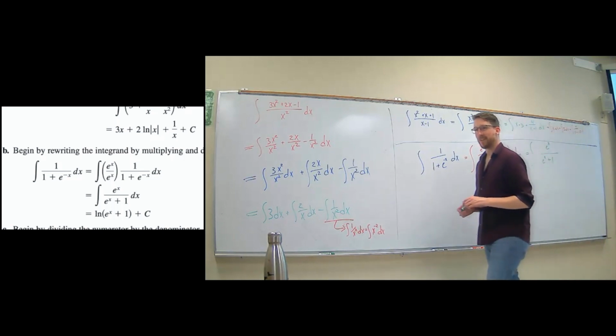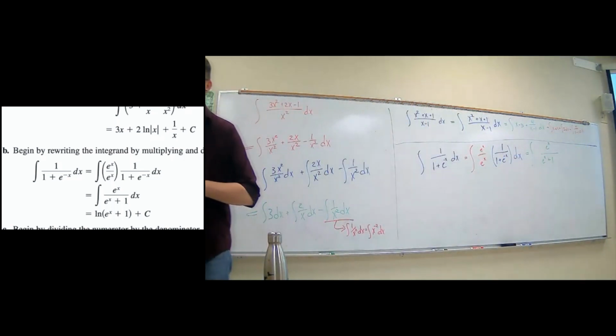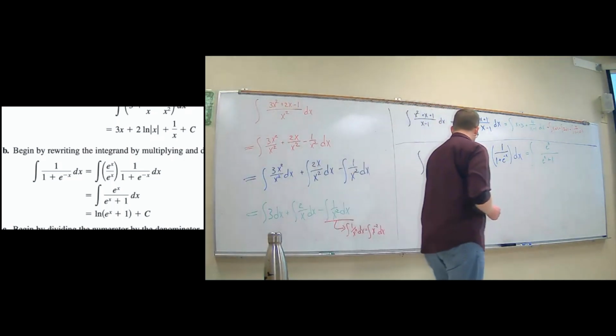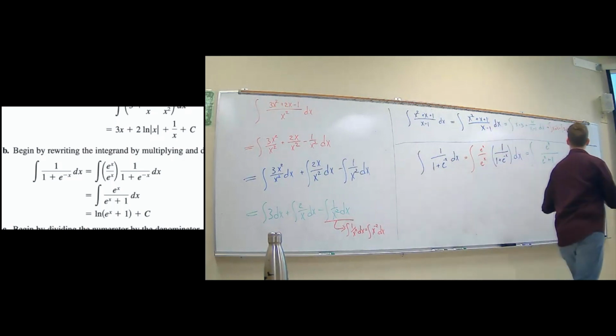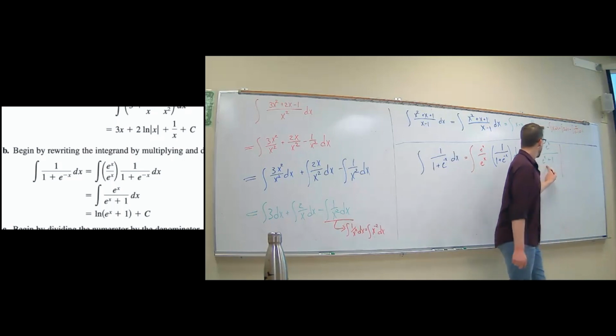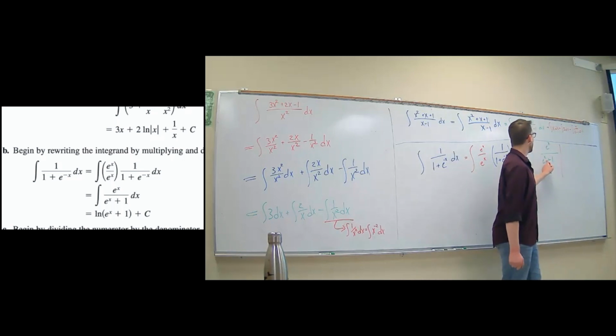Now, compare these two. How do they relate to each other? This is where the next trick comes in. Now we're going to say, if I were to take the derivative of e to the x plus 1, I would just get e to the x.